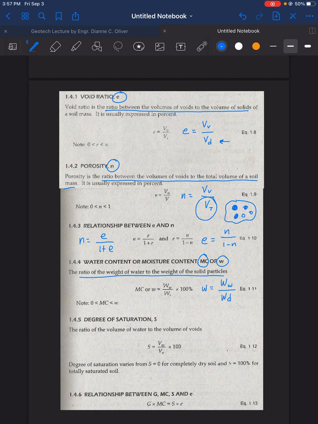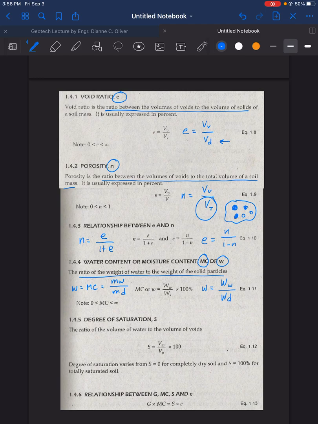Now we can also consider the mass. So we have here w, or that is also MC, is equal to the mass of water over the mass of dry particles or the solid particles.